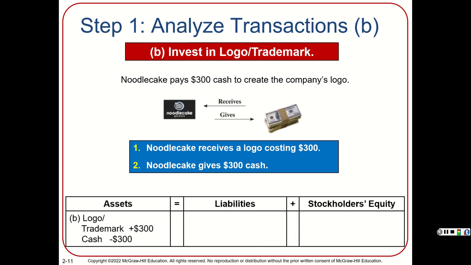So this is one where the two assets are impacted because logos, copyrights, trademarks, those kinds of things, even though it may be a picture, it has value and can possibly be sold in the future. Also, these kinds of items cannot be expensed. So the logo and trademarks will go on the balance sheet as an asset. So that's going to increase because the value of your assets are increasing. The value of your cash is decreasing because they're paying cash right away. So you're going to see both of those transactions on the asset side.